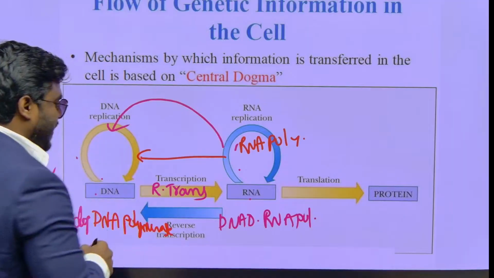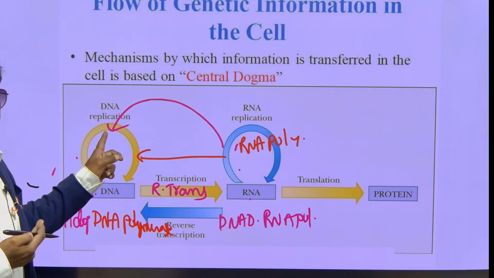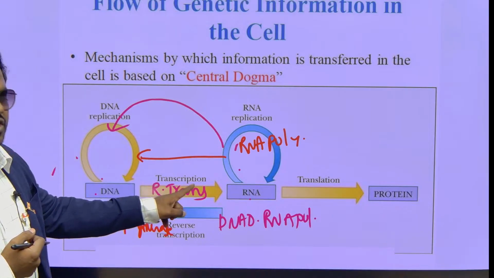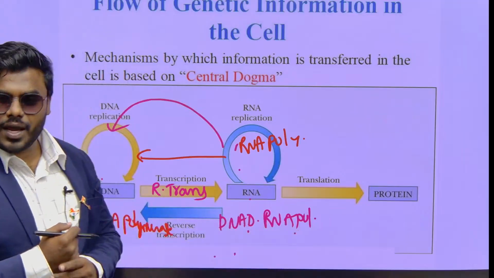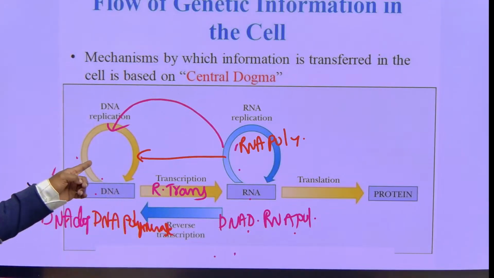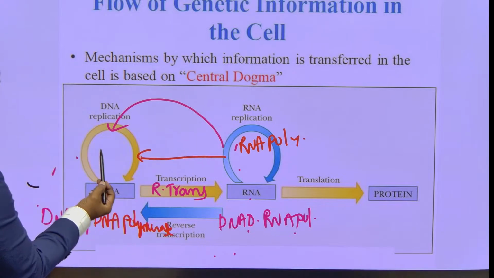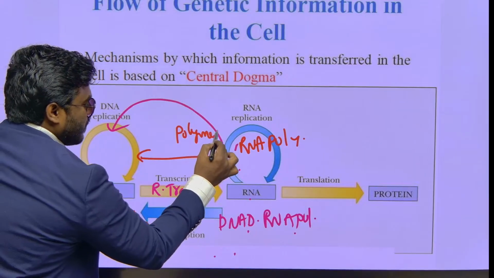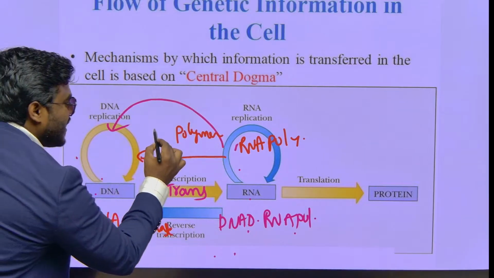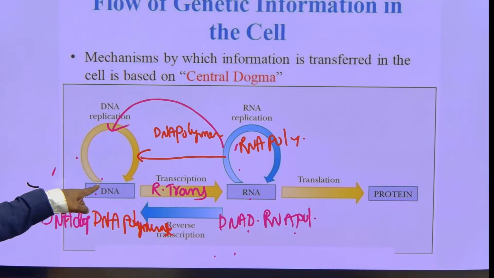Now the question in the exam. What is the major enzyme involved in transcription? DNA dependent RNA polymerase. Now my goal is to synthesize DNA, so definitely the enzyme is a polymerase. What polymerase? DNA polymerase.